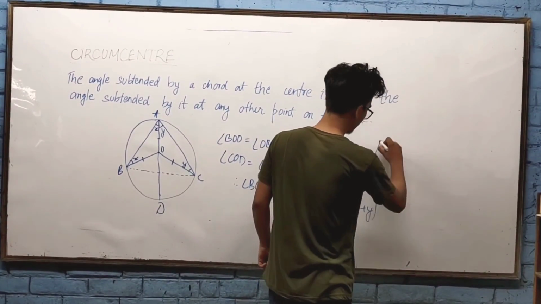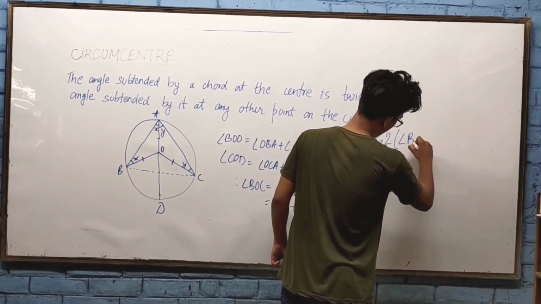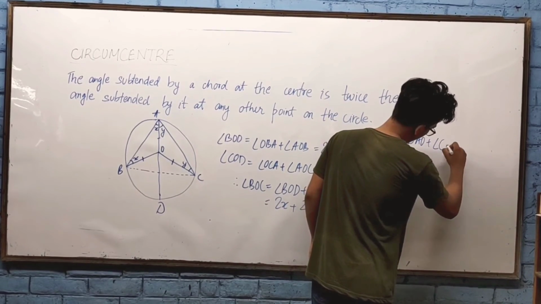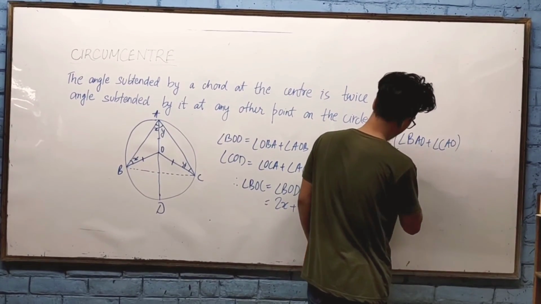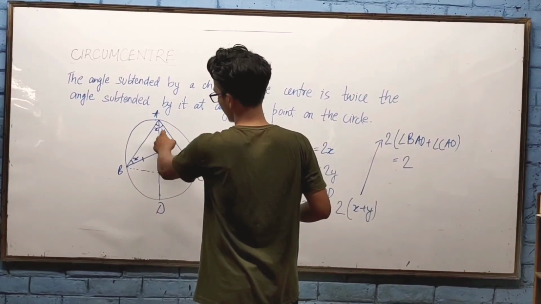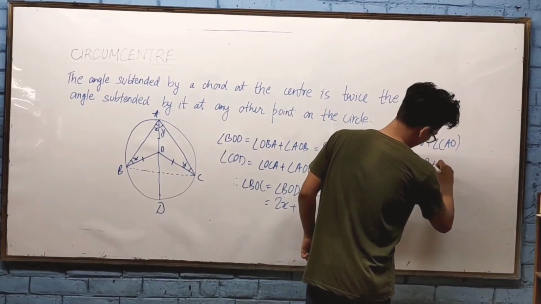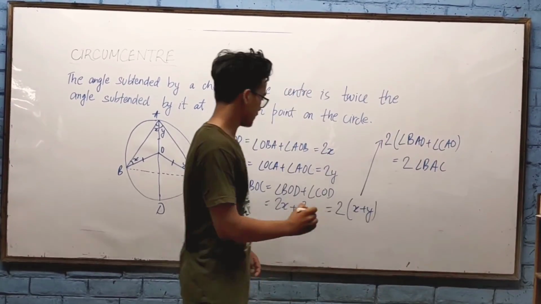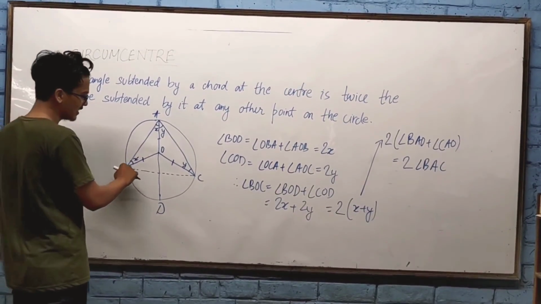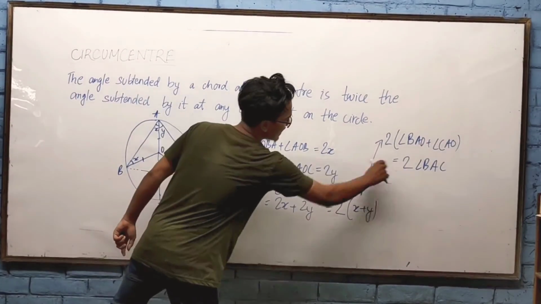So what we are getting is that angle BOC is equal to 2 times angle BAC.